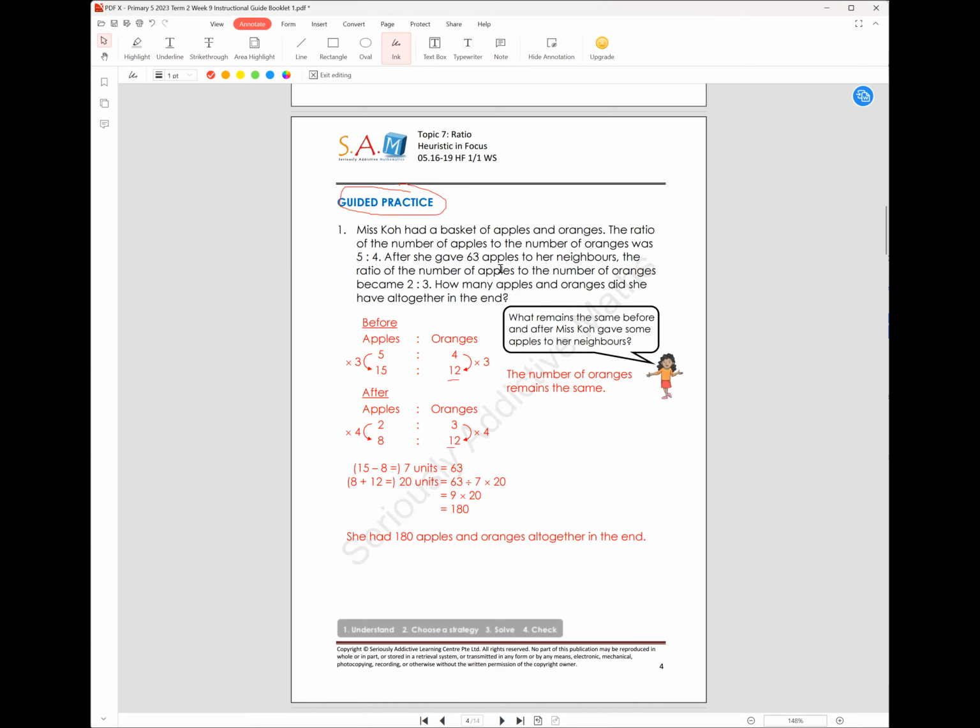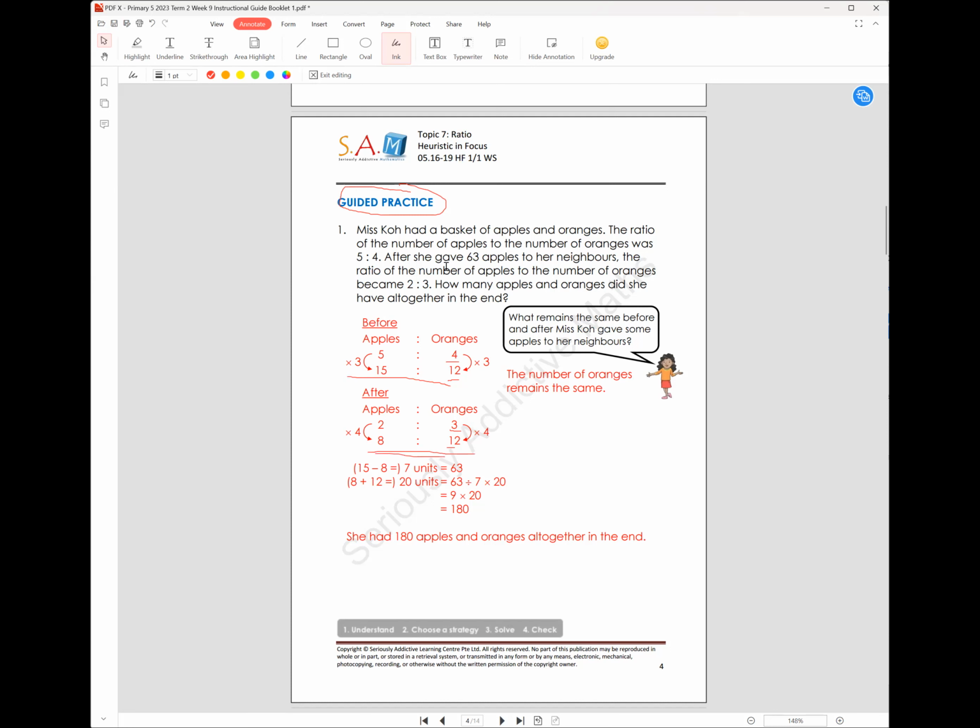So previously there was a ratio of 5 to 4, and then 63 was given away, and the ratio became 2 to 3. So we need to convert the ratio based on these two numbers here, 3 and 4. A common multiple of it will be 12 and 12. So then you convert, and you get the new before ratio, the equivalent ratio, and then the after equivalent ratio.